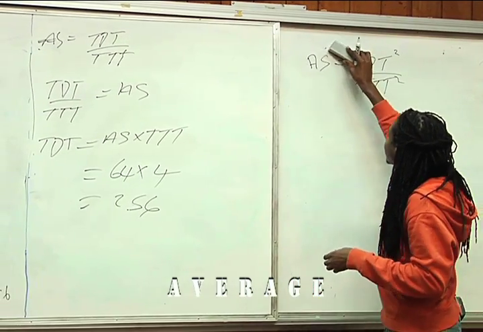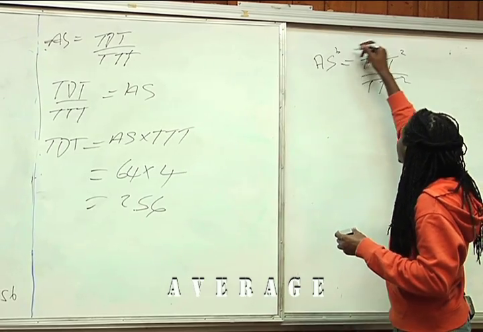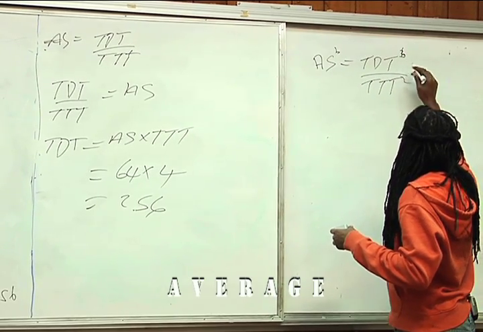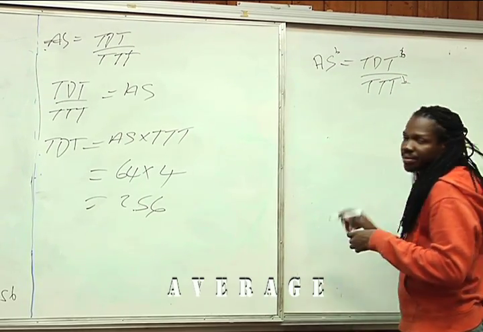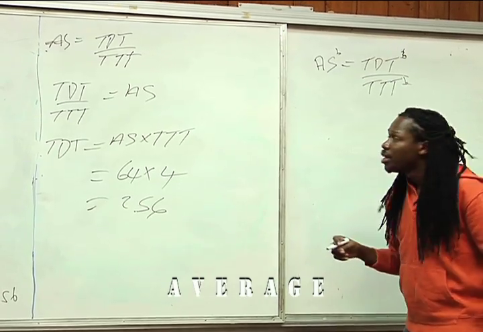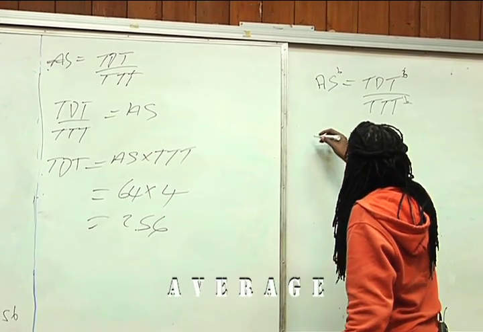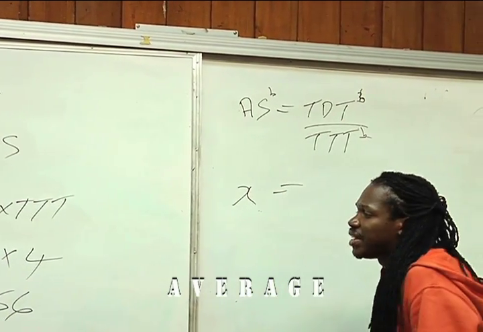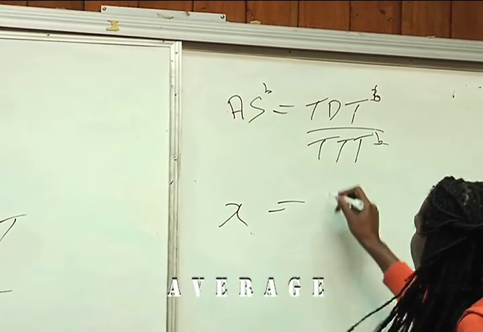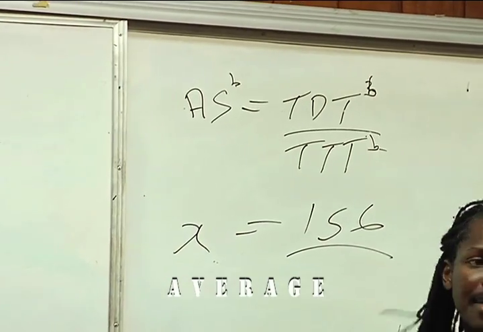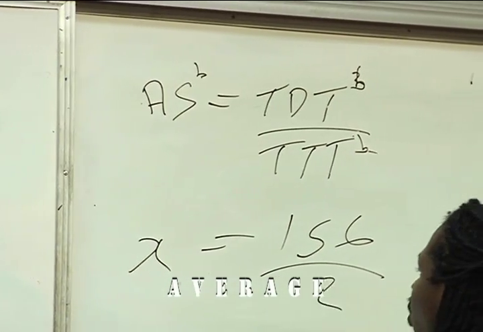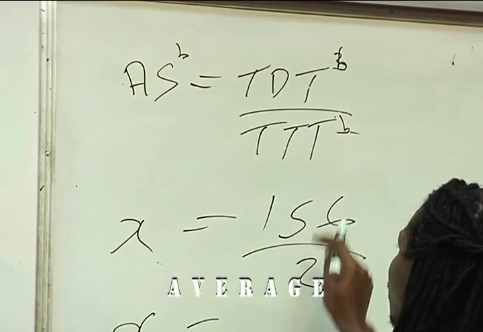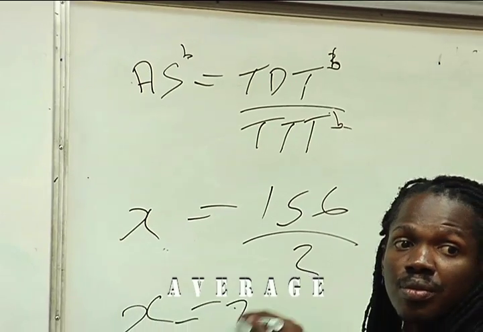Don't put square, you know, this is just, alright, may I put distance B, because I don't want to think of square. Now, to that extent, what is the average speed? What's the total distance traveled in 2? 156. What's the total time taken? Another 2 hours. So therefore, x equals 156 divided by 2.